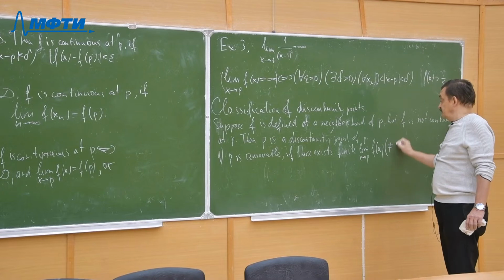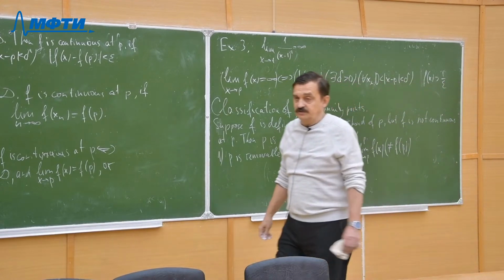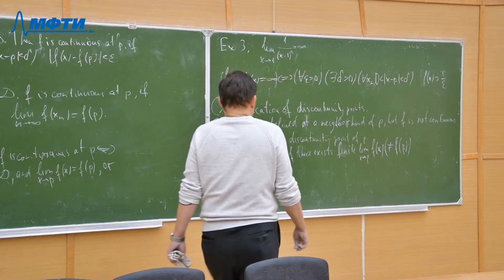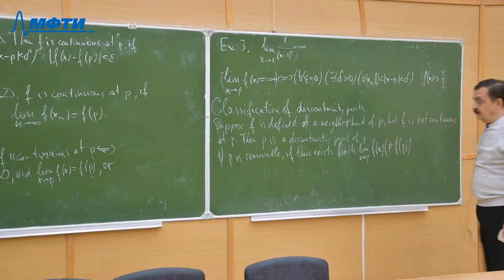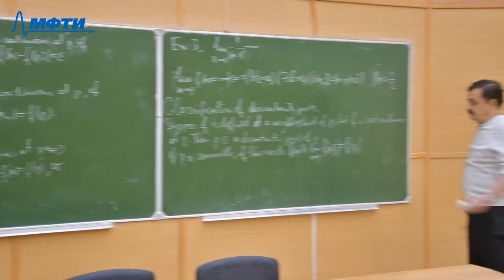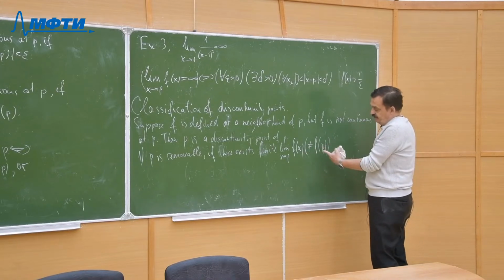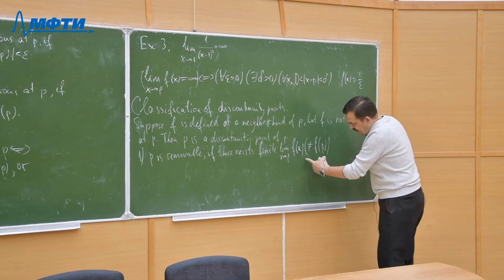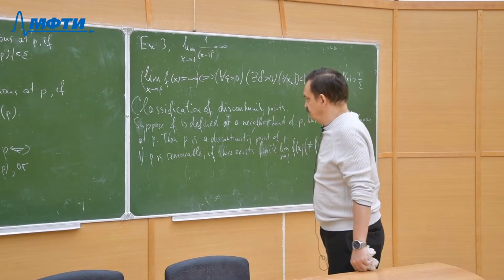It is not equal to f of P, of course, otherwise f would be continuous at P, but it is not equal. Why is it removable? Because you can define the function f by a different value, namely just by this limit, and after this redefining, the function will be continuous.